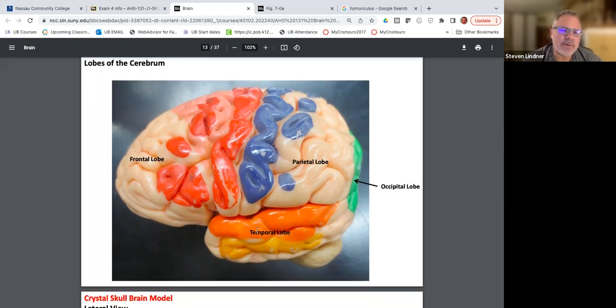Temporal lobe is more for hearing. Parietal lobe, we said, was perception, perceptual awareness. Frontal lobe was more for drive, ambition, goals, being really driven.